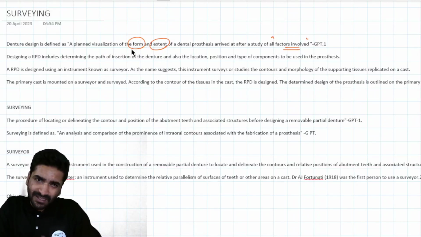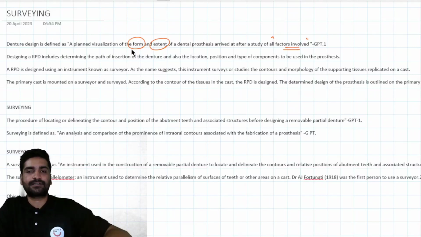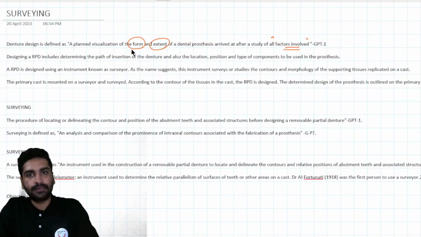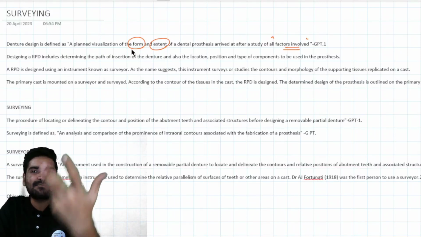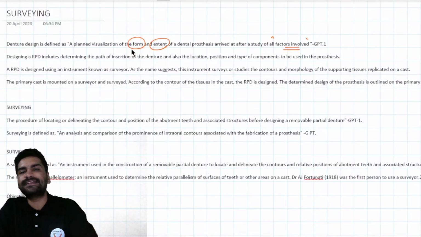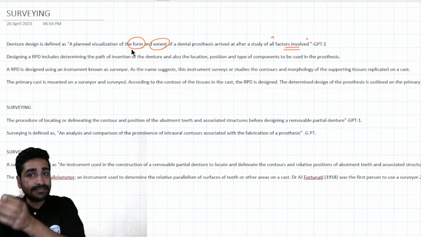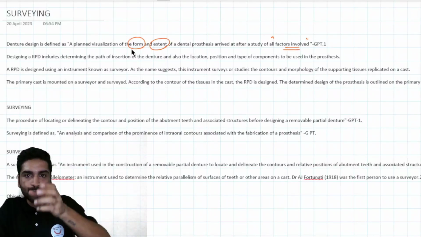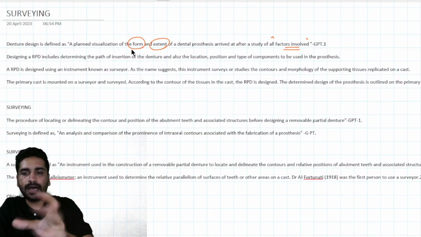Now this designing of your removable partial denture includes determining the path of insertion. The next topic after surveying will be path of insertion, so I'll just tell you briefly what it is. The name itself tells you a lot about the topic. It is the path in which the RPD is going to get inserted onto your maxillary or mandibular arch.